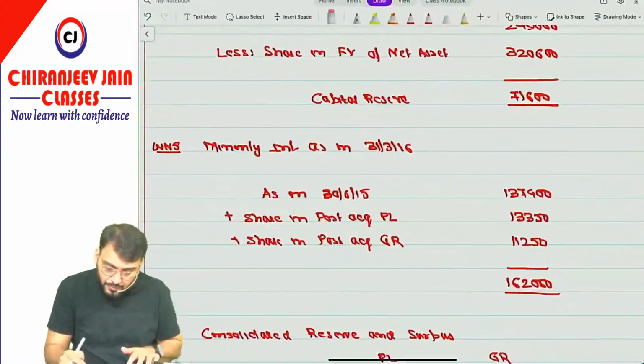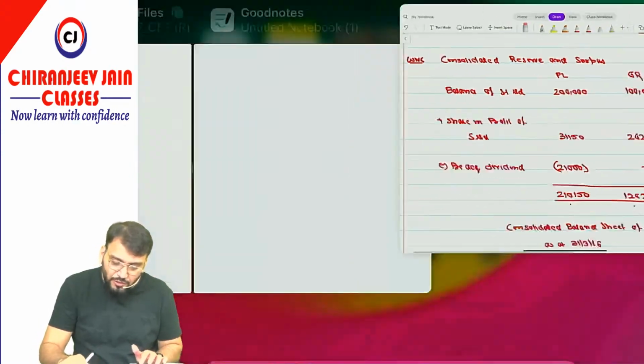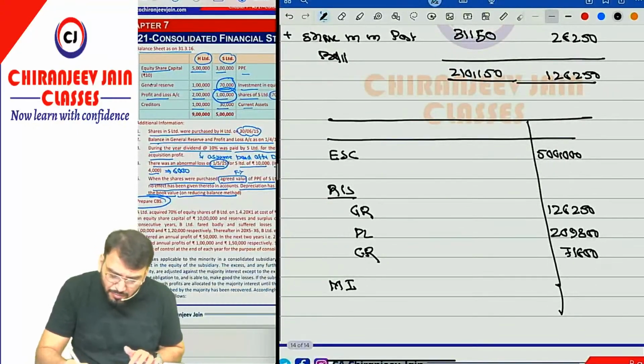Check once. It's 1,26,050. So the balance it will tell is what I want to say.